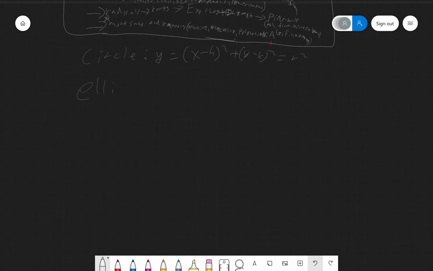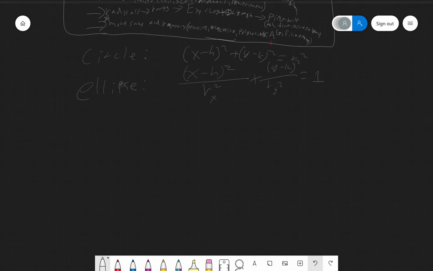Now for an ellipse or an oval, what we call an ellipse in math, it is, oh wait, no, sorry. It is x minus h squared over rx squared plus y minus k squared over ry squared equals 1.